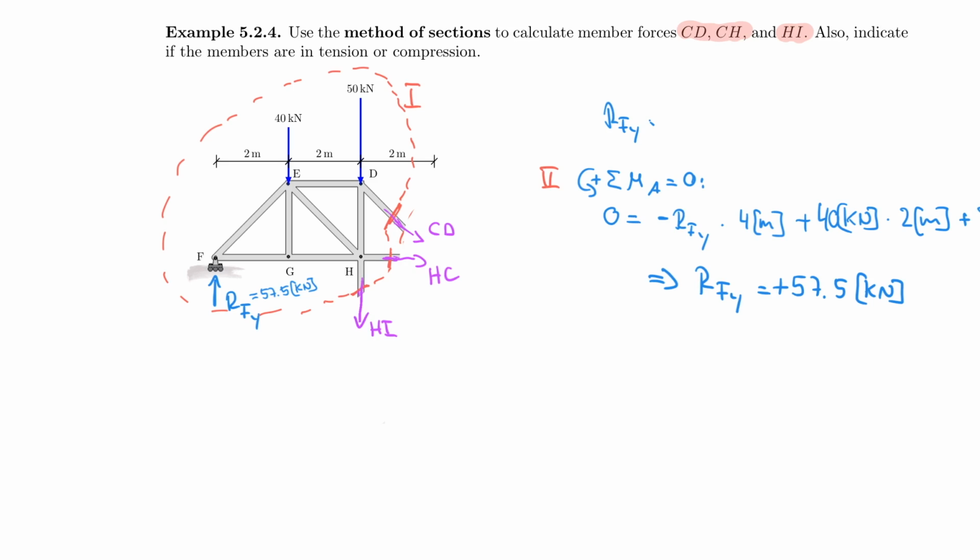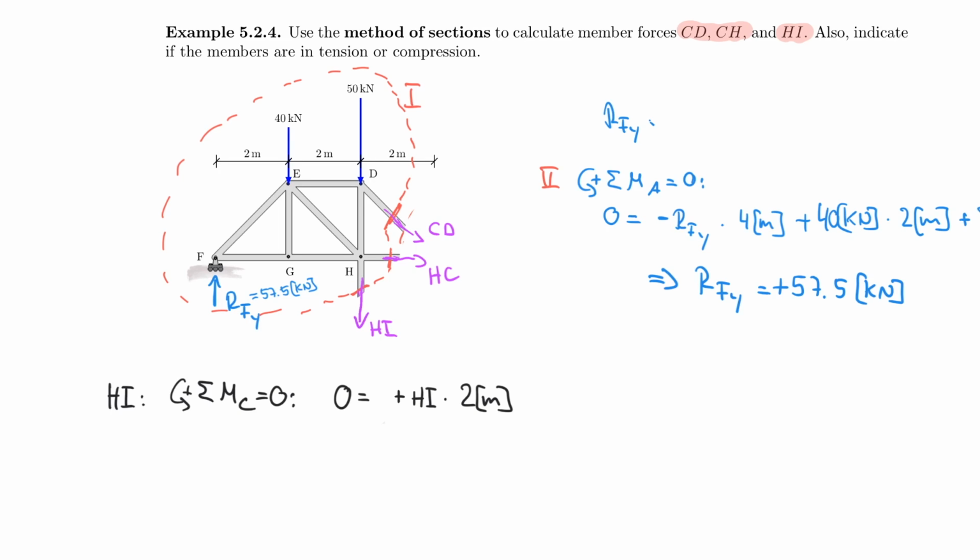So I'm interested in calculating HI, and I do that by the sum of the moments about C being equal to 0, counterclockwise positive, and 0 is equal to HI multiplied by 2 meters. What is that lever arm? Let me show that to you. So that's the lever arm from here to here, which is 2 meters up here. And it's actually rotating counterclockwise, so therefore that is positive.